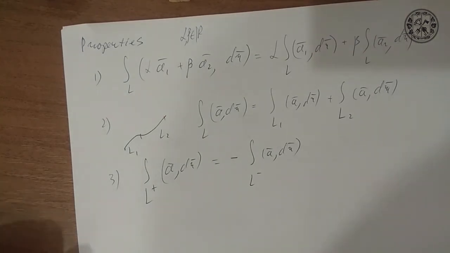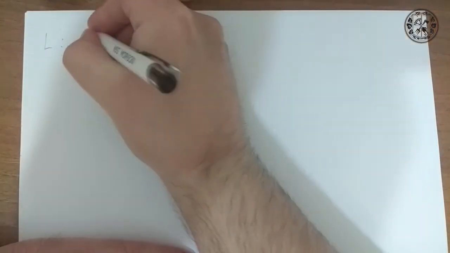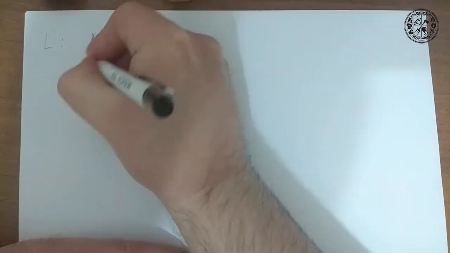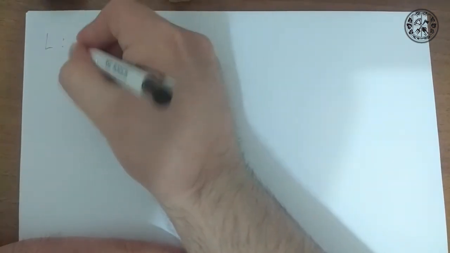But how to calculate this integral? The first case we will consider is where x is x of t, y is y of t, z is z of t, a parametric curve.